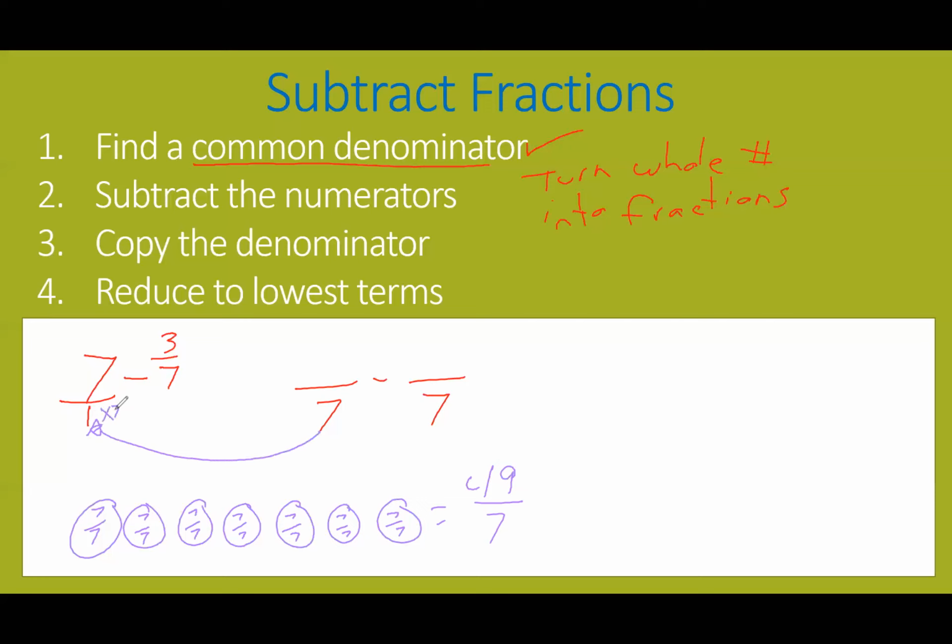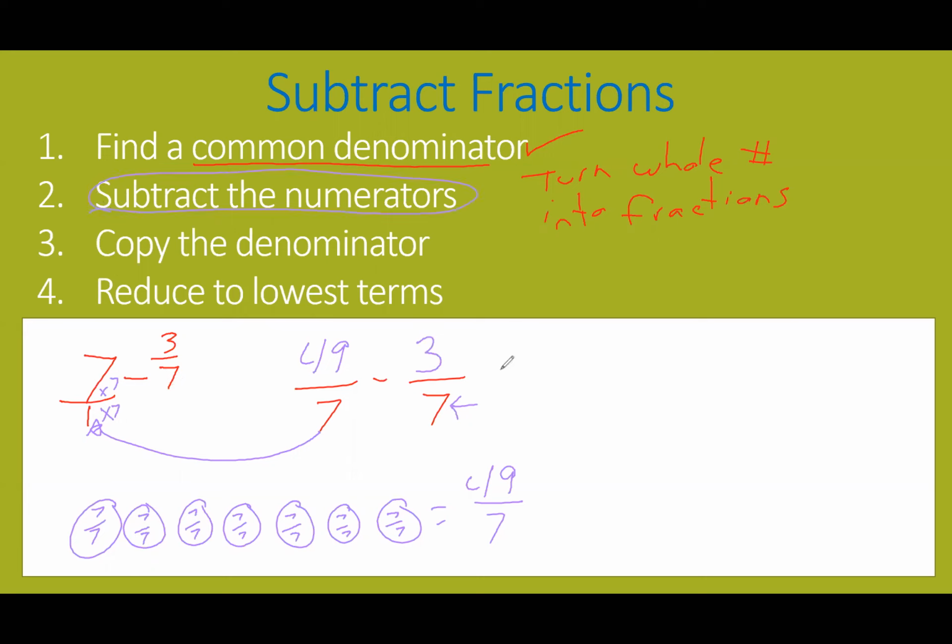And if I multiply my denominator, I have to do the same to my numerator. And that's where I got my 49. All right. Now, this other one, we already have sevenths as our denominator, so we don't need to change anything at all.